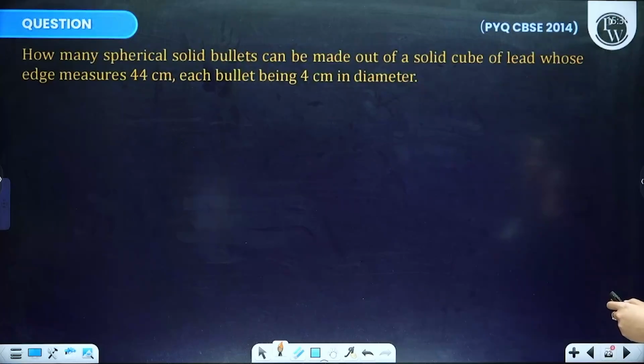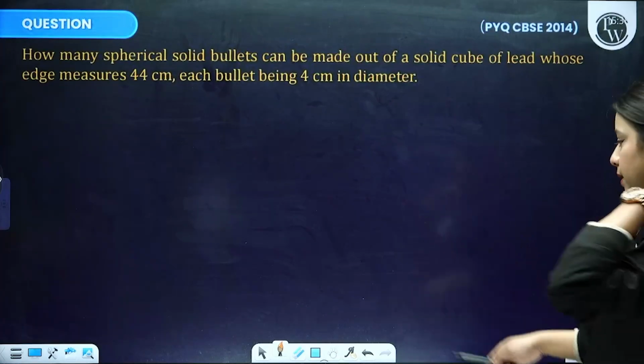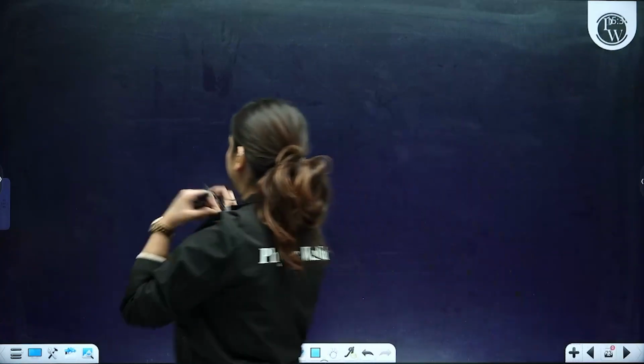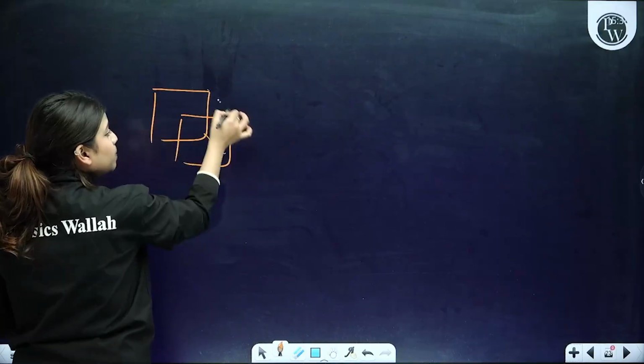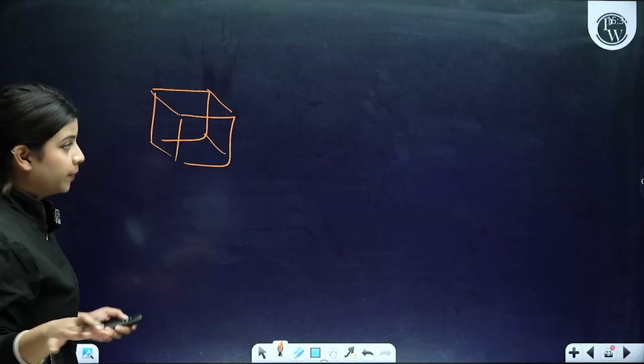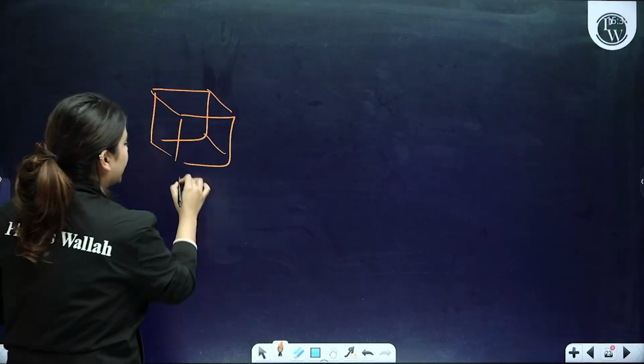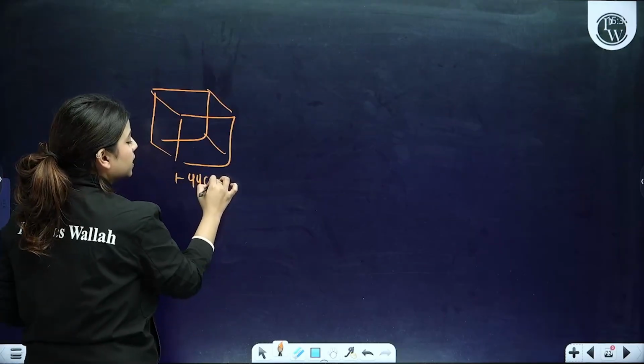How many spherical bullets can be made out of a solid cube of lead whose edge measures 44, each bullet being 4 centimeter in diameter? So what they are saying, people, is that there is a cube, right? And this cube is entirely made up of lead, right? And the edge of the cube is 44 centimeter.